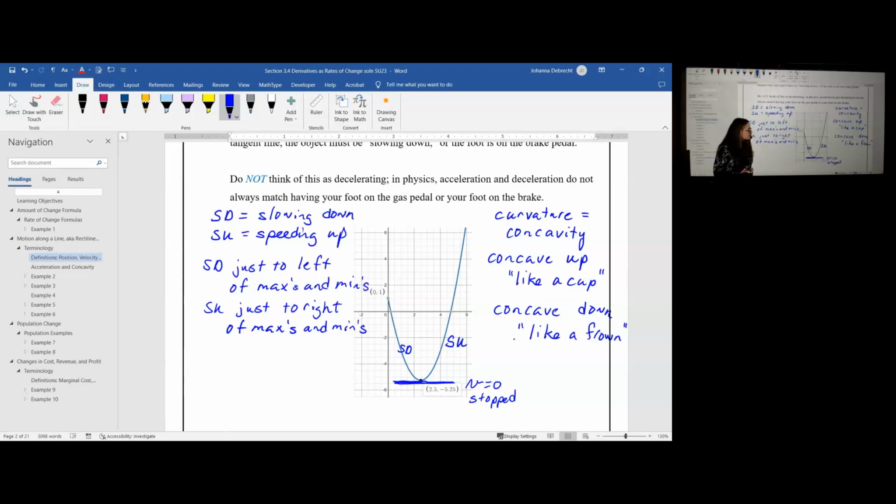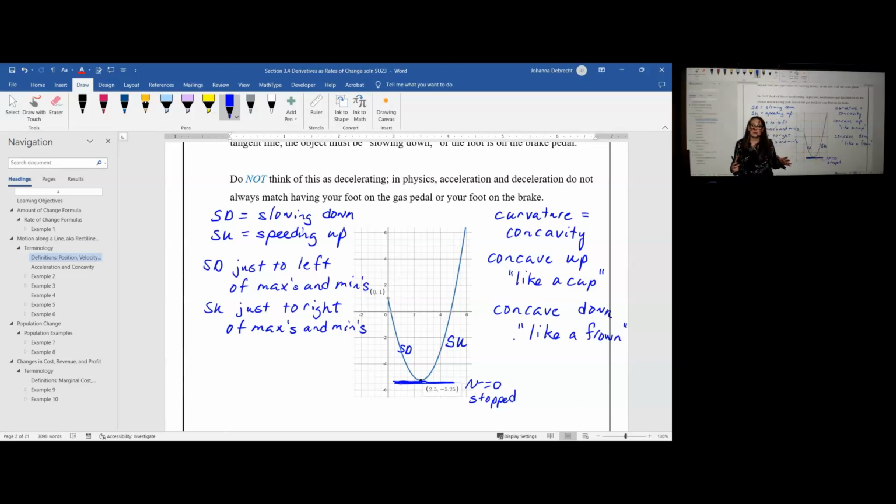When we look at this, notice that it is concave up everywhere, which means that for this particular graph, the acceleration is always positive. Now, you may go, what? How is that possible? At one point, it's slowing down, the velocity is negative, and then the velocity is positive. There's a point here where the vehicle is stopped.